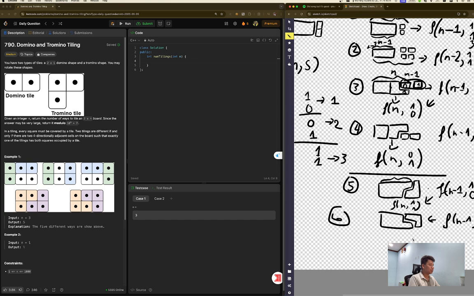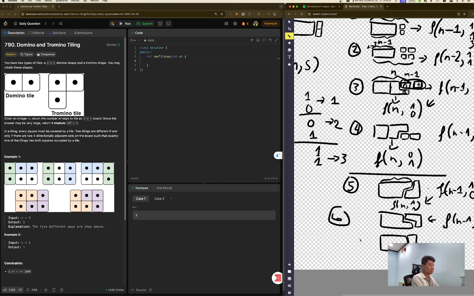Next case is like this. So the previous state must be fully filled, because if not fully filled, we can't find a way to put any domino to make it full.